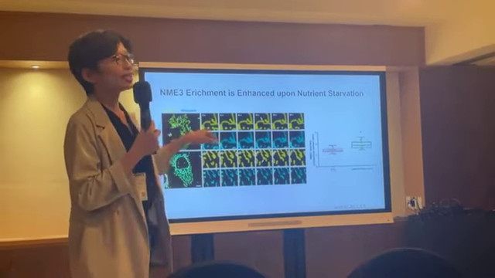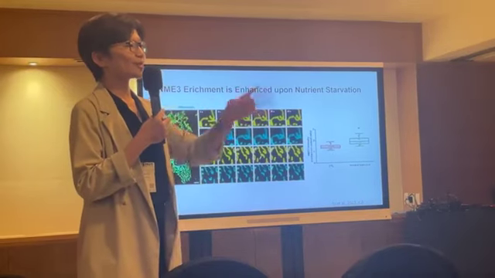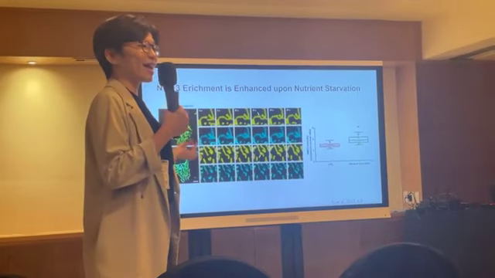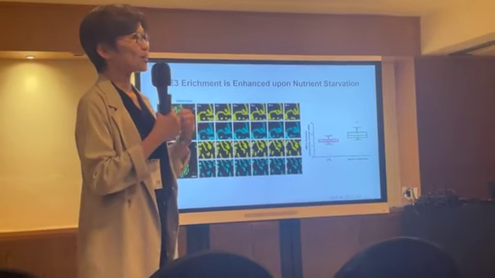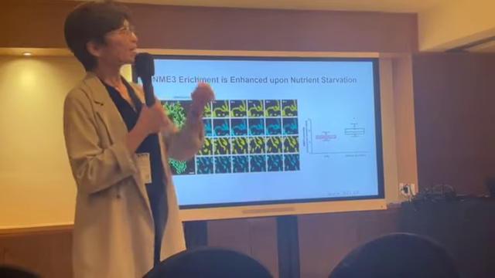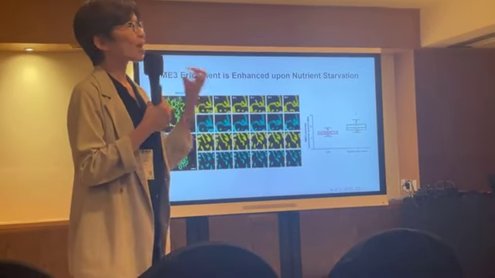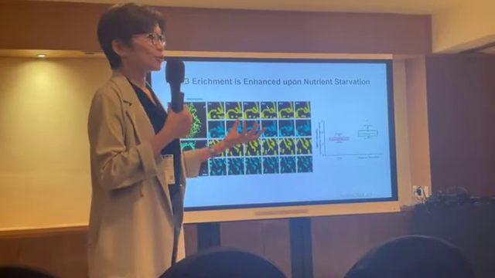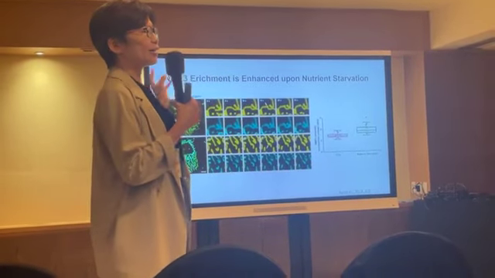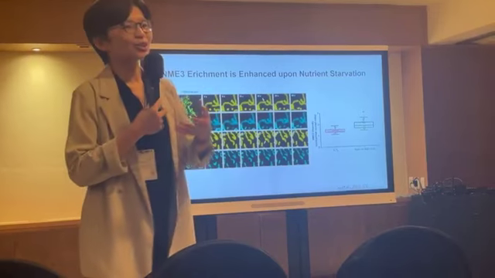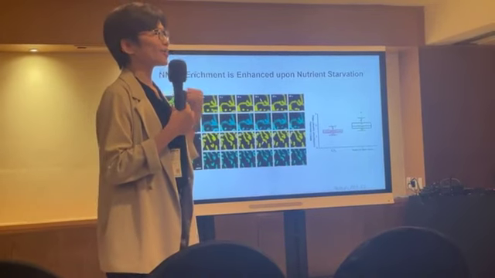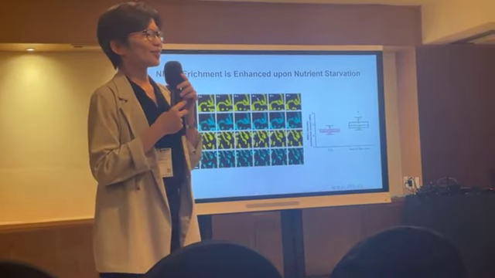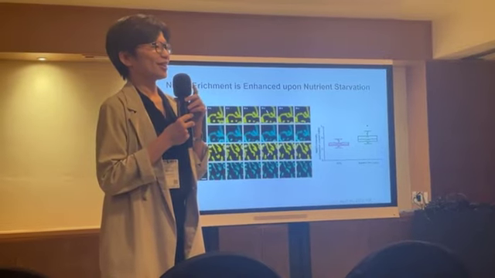But the data shown here is actually what you proposed for the second, the induced enrichment at the contact site. But this kind of enrichment, we think, is because of cardiolipin. We think cardiolipin becomes more externalized to the mitochondrial outer membrane when nutrients are not available. So we are developing a probe for cardiolipin, also for the enrichment of NME3.